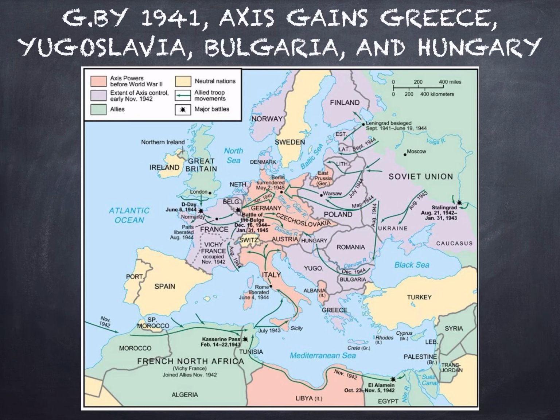You can see that a year into this war, a little bit over a year, you can see in purple the extent of the Axis powers' control in Europe, and it is a big chunk of territory. So refer back to this map whenever you need to, because it does a really, really good job of showing you the early alliances and who was in charge of what as the war got going.